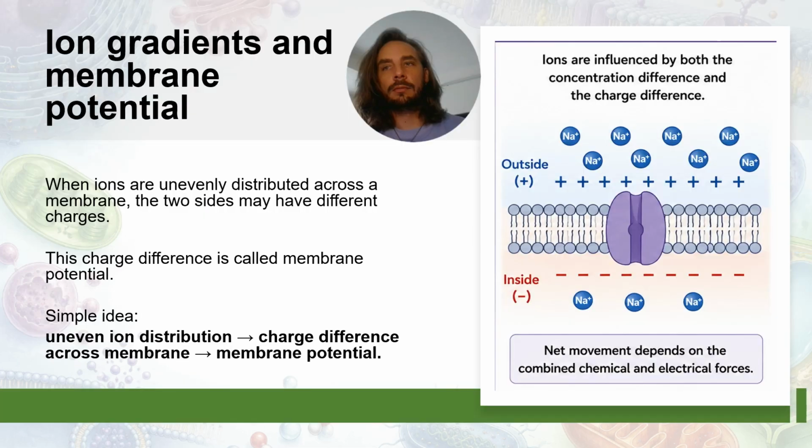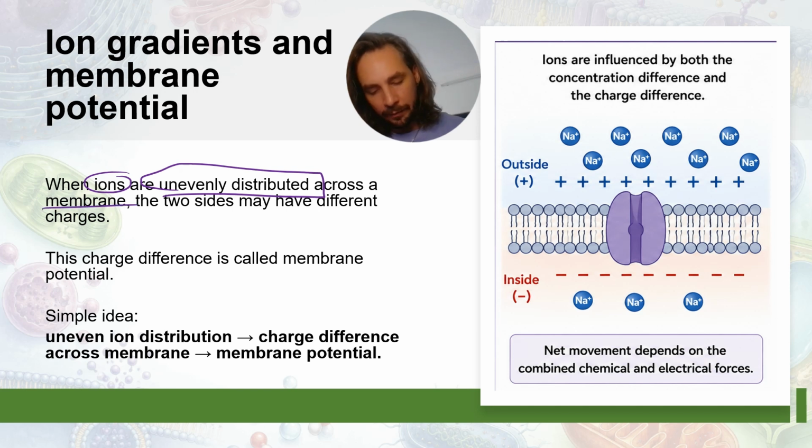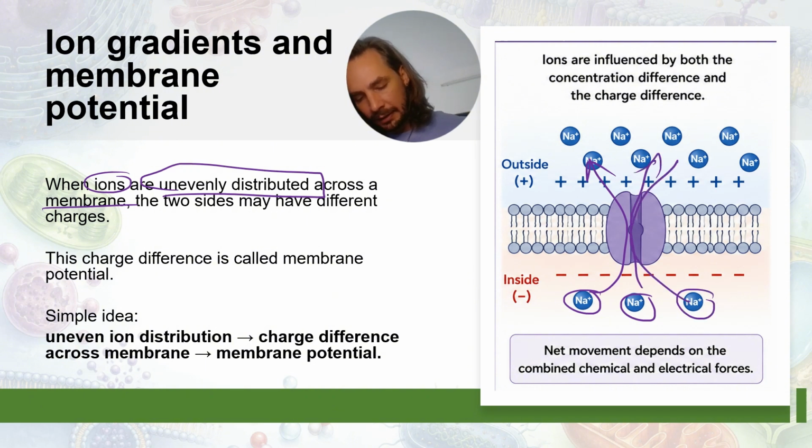Now, ion gradients and membrane potential. The ions are unevenly distributed across the membrane, because remember, we are constantly trying to move these sodium ions out, and we move them from a low concentration to a high concentration. So we're paying the price with ATP.